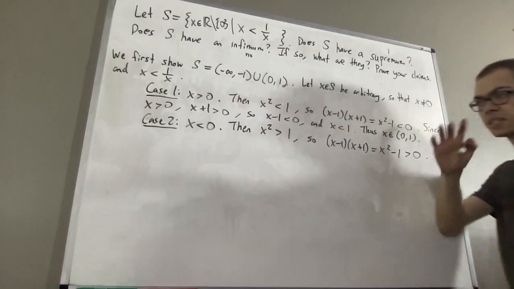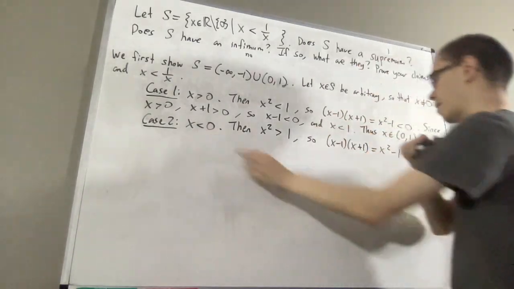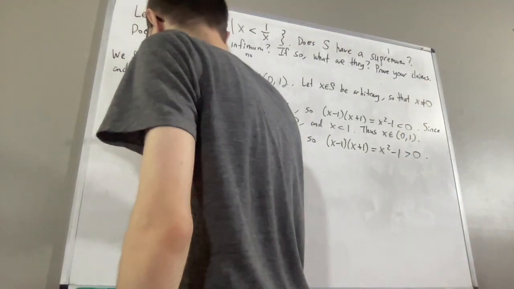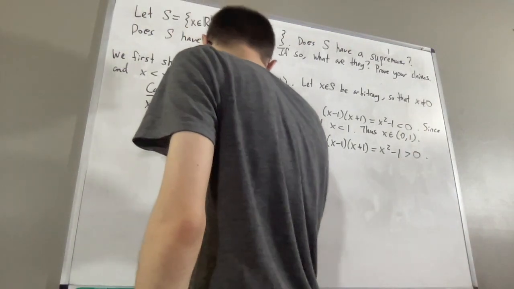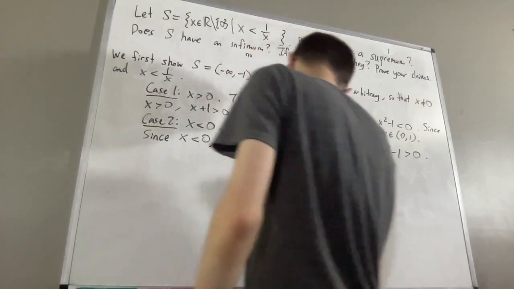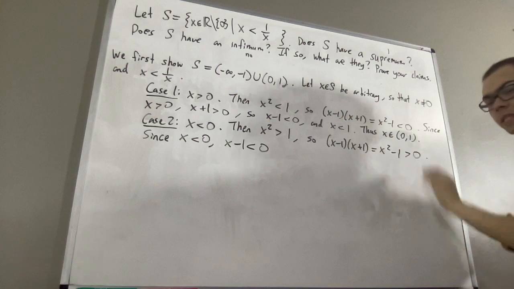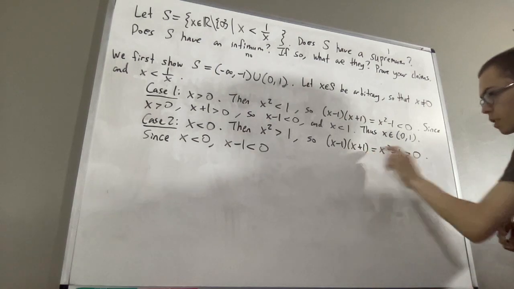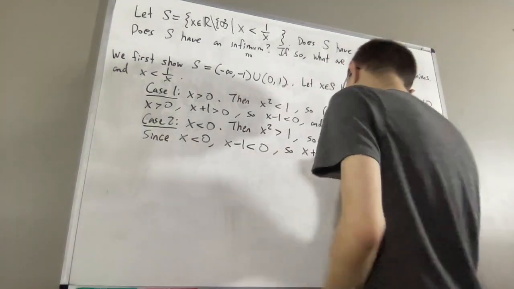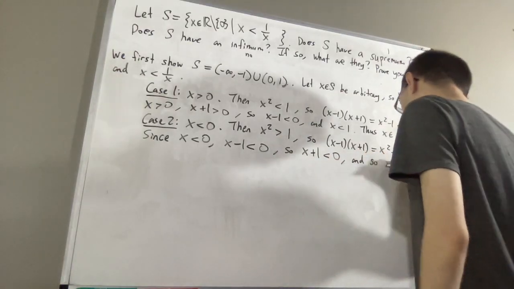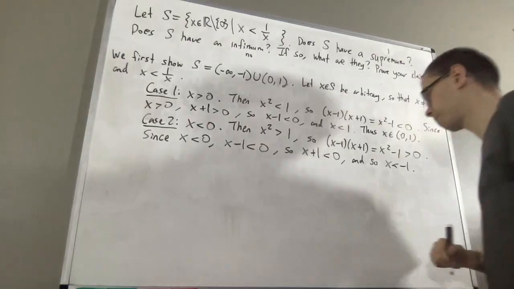So now, since X is less than 0, X minus 1 must be less than 0. So if we divide X minus 1 on both sides of this inequality, that flips the sign of the inequality. We're left with X plus 1 is less than 0. Then subtracting 1 to the other side, we get X is less than negative 1.